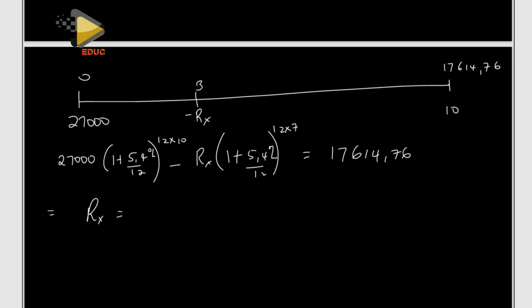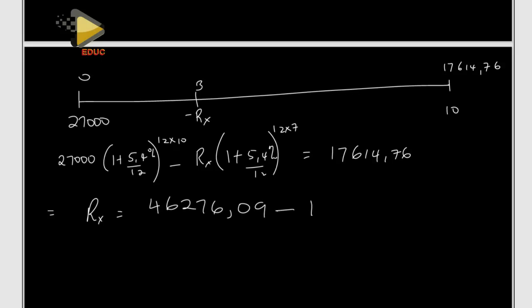Okay, so then if I look for x, it's going to be my 27,000. Let me just punch that. It's 27,000 times 1 plus 5.4% monthly to the exponent of 120. That gives me 46,276.09.